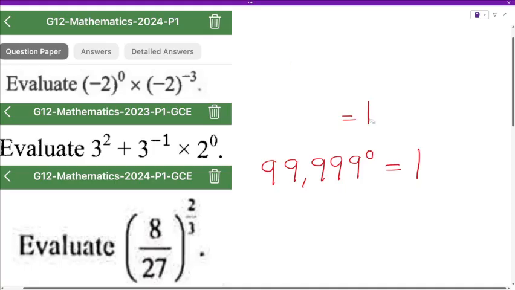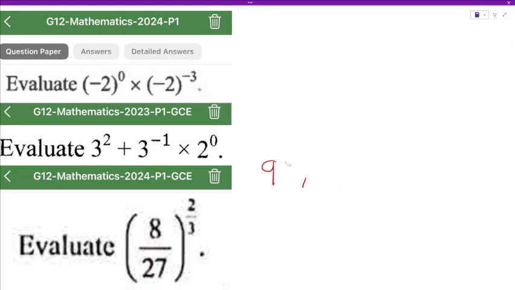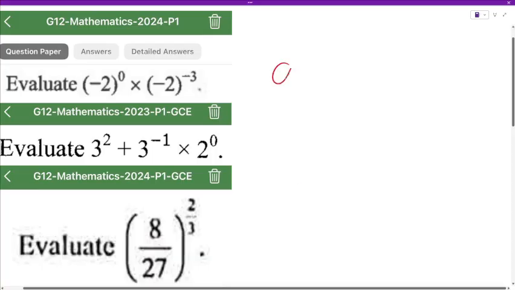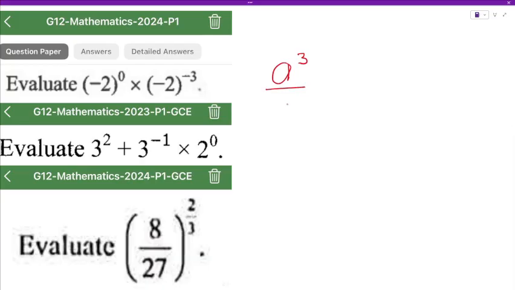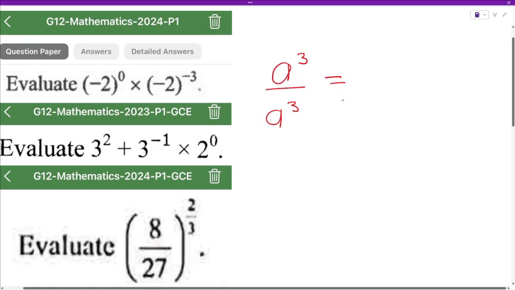Let me explain. Let's say you have a to the power 3 divided by a to the power 3. This one we are going to solve using the algebraic fractional method, where we expand. Remember we said the power shows the repeated multiplication of a number by itself.